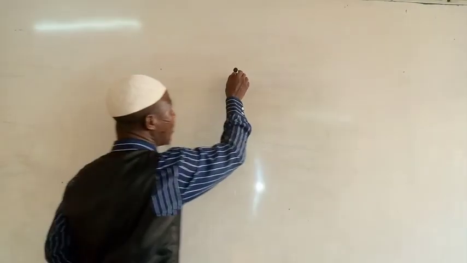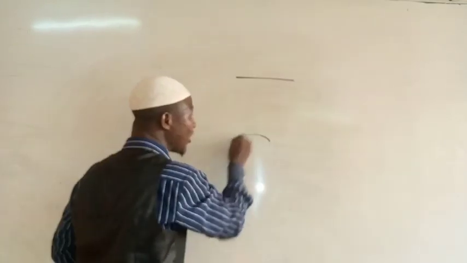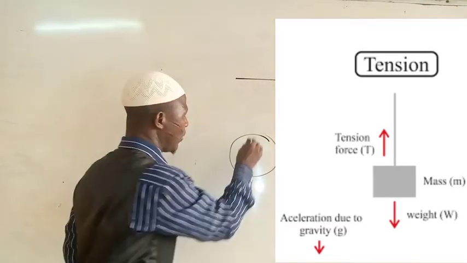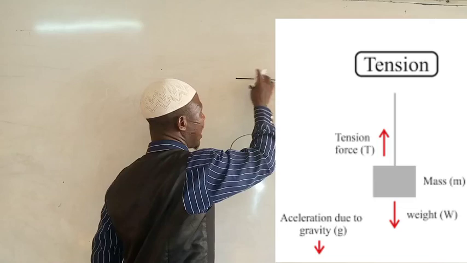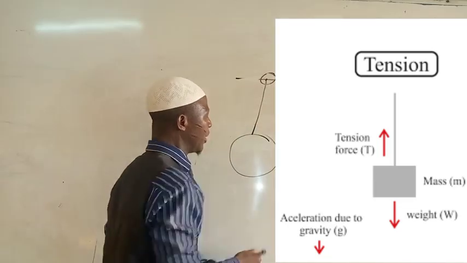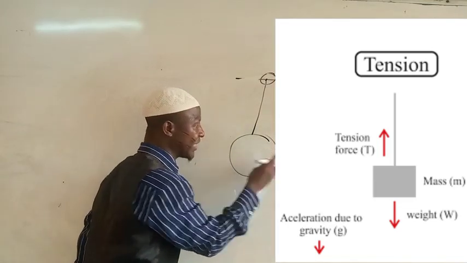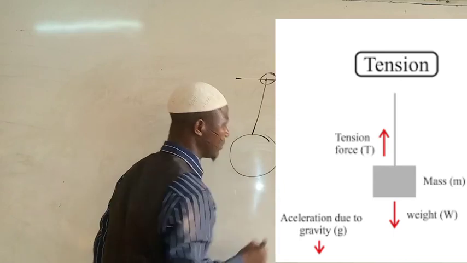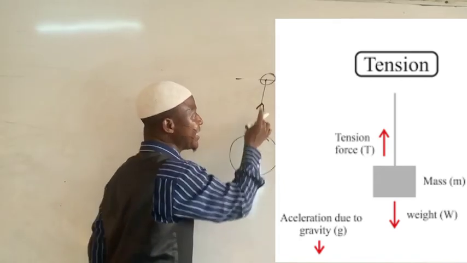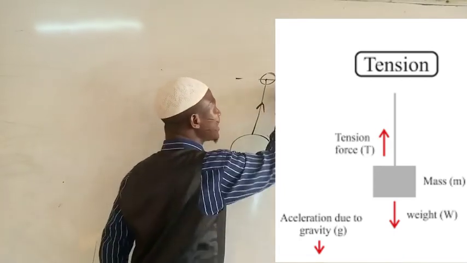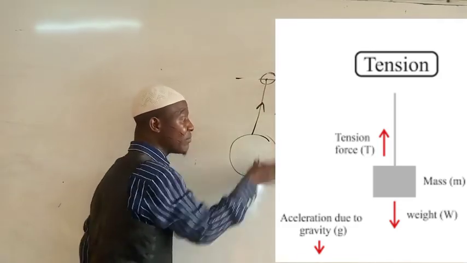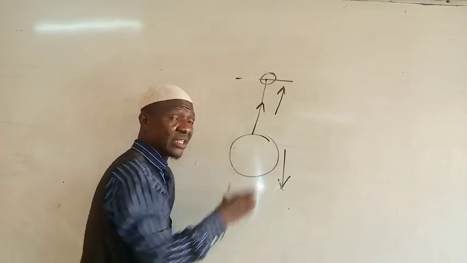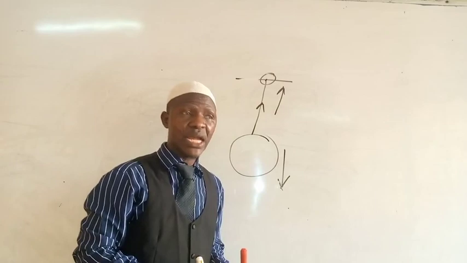Therefore, when you have an object like this, if you tie an object with rope, like this, and you are holding it here, the weight of this object itself will be acting downward. Then the tension in the rope will be acting upward. If both of them are equal, the object will be in a state of what?